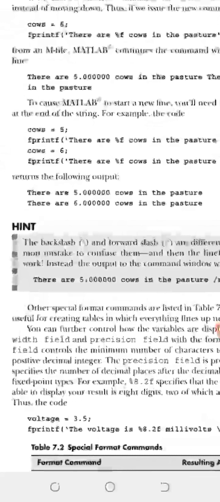There are 5 cows in the pasture. It moves down. There are 6 cows in the pasture. If there is any other one, it will arrange them in this form. That is what the \n does.